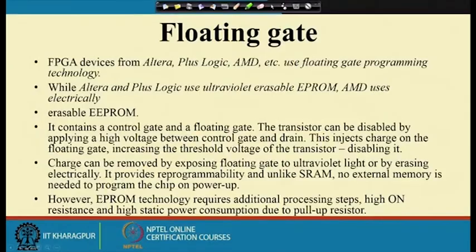So, this is reprogrammable because you can remove that floating gate by applying either ultraviolet light or a high voltage, but unlike SRAM, it does not need off chip reprogrammable memory to hold the control program. This EEPROM technology requires additional processing steps, and of course, has high on resistance and high static power consumption due to the pull up resistor. So, this is the problem with EEPROM technology that is there with floating gate based FPGAs.